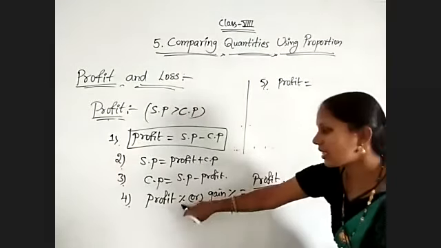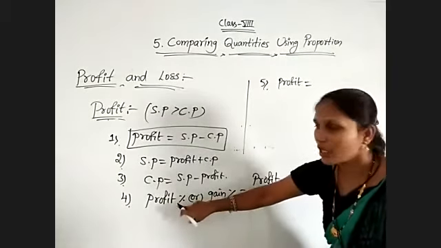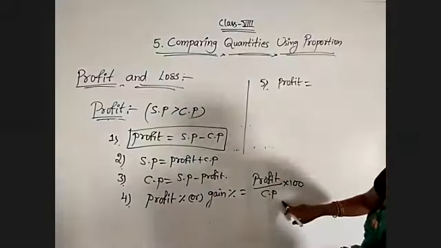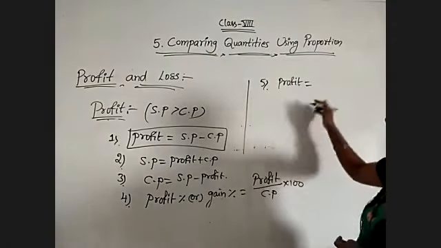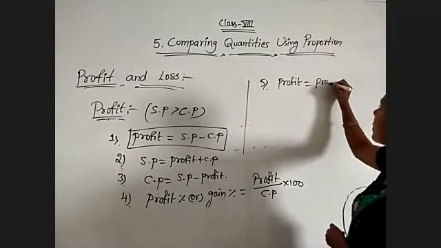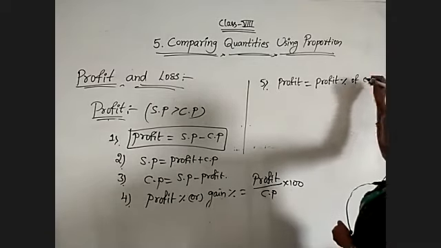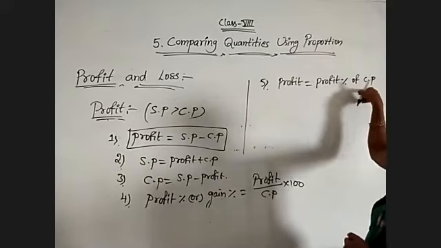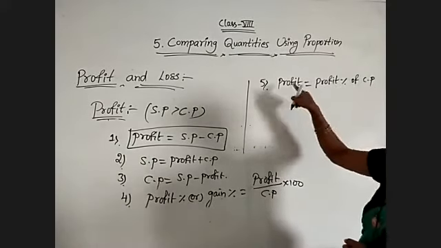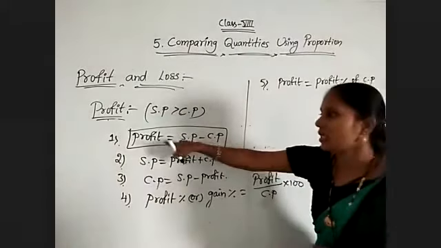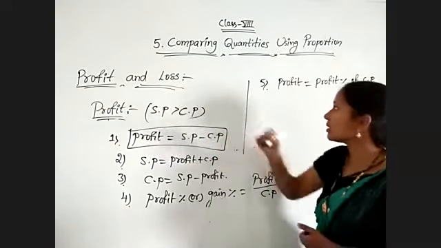By 100 is nothing but the percentage symbol we already have. So profit percentage of CP is profit. When profit percentage and CP are given, this is the formula to get profit. When SP and CP are given, then this is the formula to get profit.